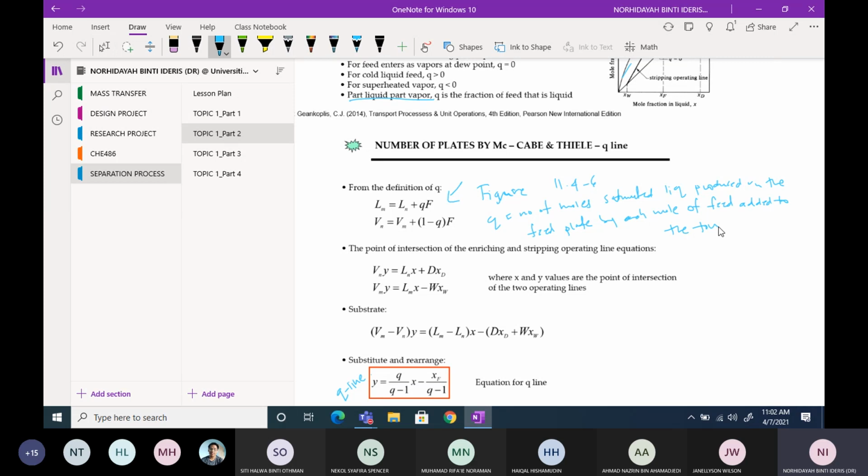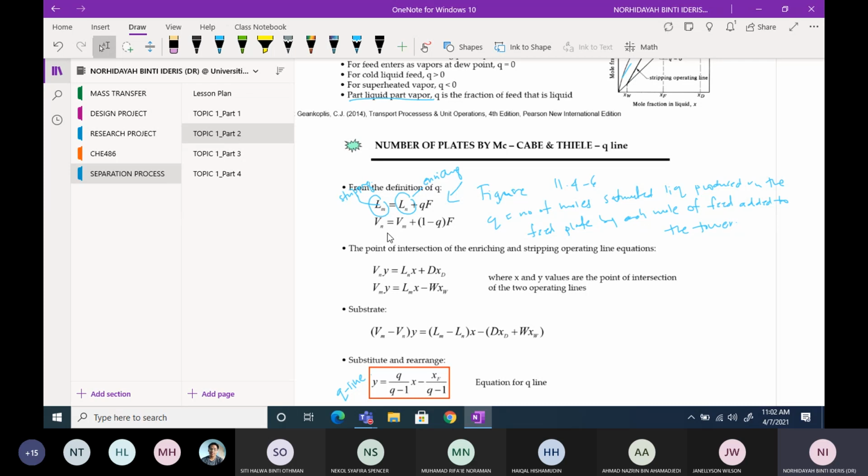Okay, so if you look into figure 11.4-6, that will give you this Lm. So actually this Lm is the liquid leaving the stripping section. Okay, so this Ln is actually the molar flow rate inside the enriching section. This one is coming from the enriching Ln. This one is coming into the stripping.